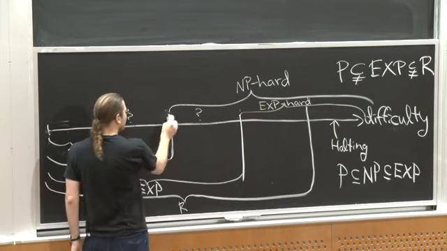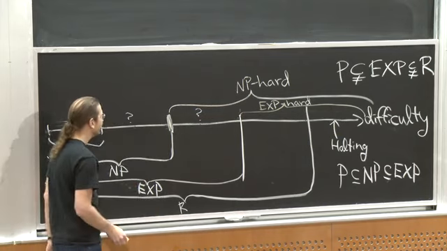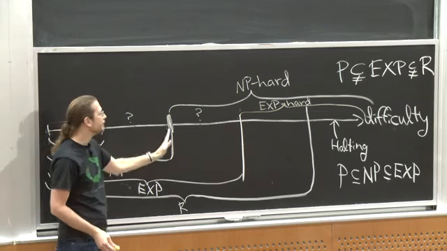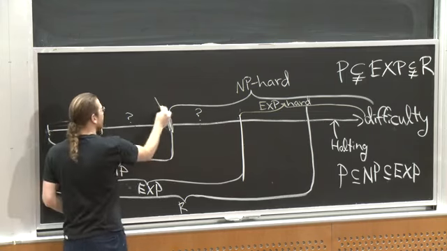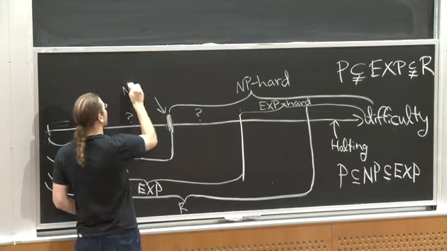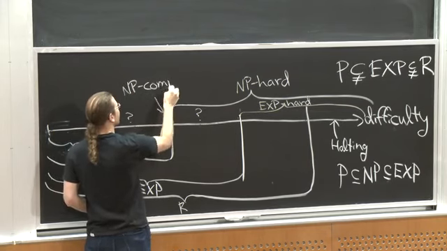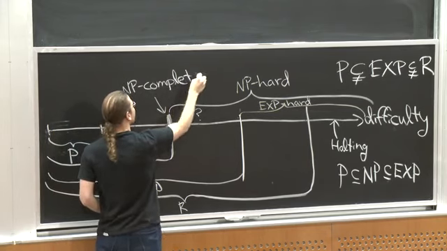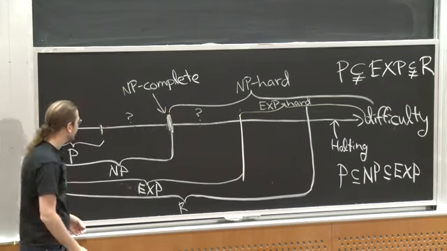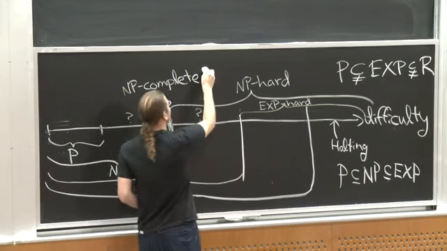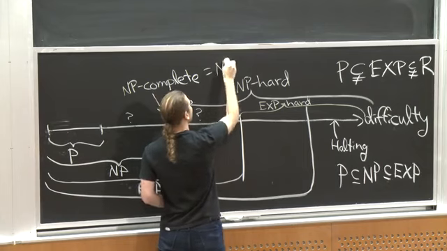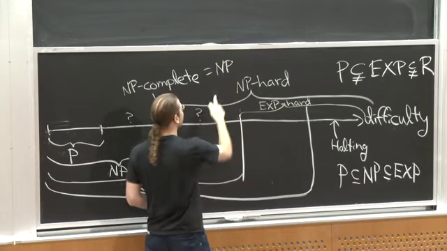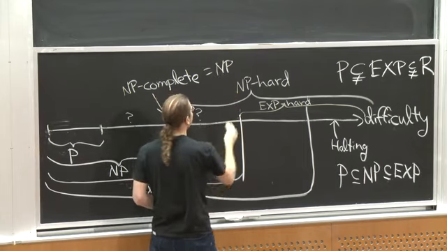And this place right here, as you might imagine, is kind of interesting. It's exactly where NP meets NP hard. This thing is called NP complete. You probably have heard about NP completeness, a famous notion. And this is what it means. It is the problems that are in NP, so they have a lucky algorithm that solves them. They can be verified. There are certificates that can be verified.